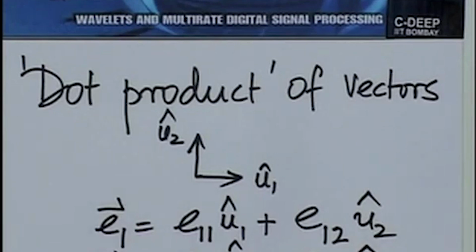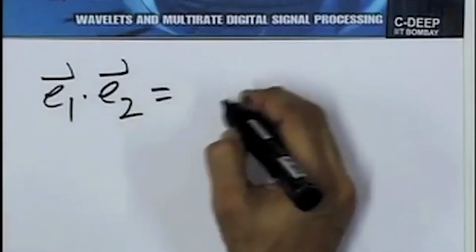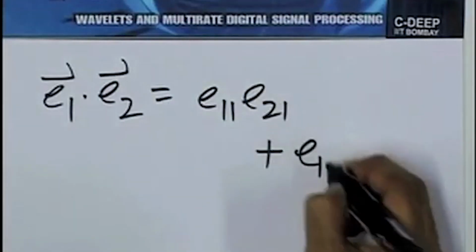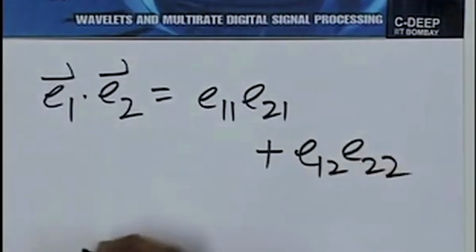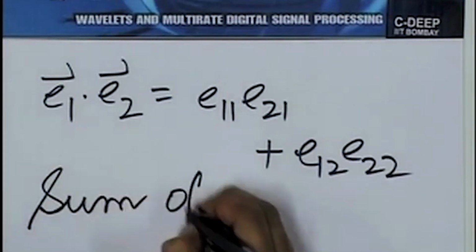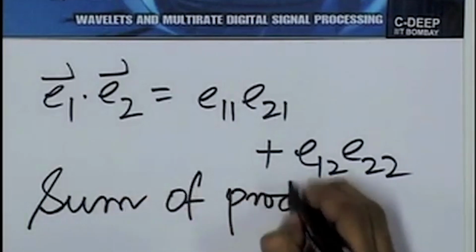Then the dot product of E1 and E2, E1 dot E2 as we write it, is essentially E11 E21 plus E12 E22. So, it is the sum of products of corresponding coordinates.